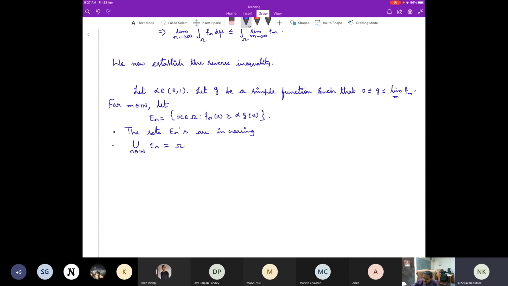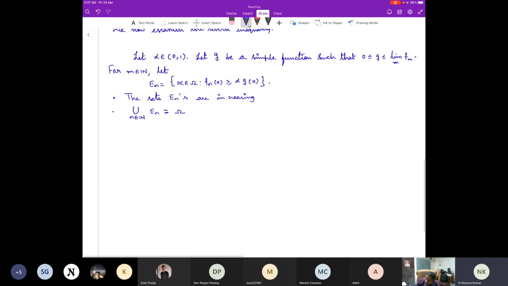Why? Because the f_n's increase to the limit, and alpha times g(x), where alpha is less than 1, is less than or equal to the limit. So that tells us that the union is going to be the whole of omega. So I'll simply say verify. Right.